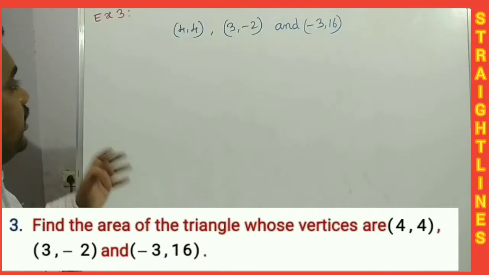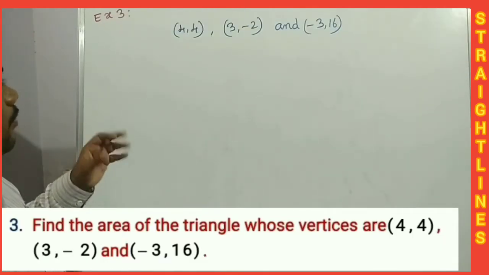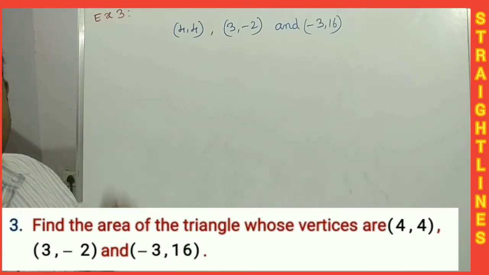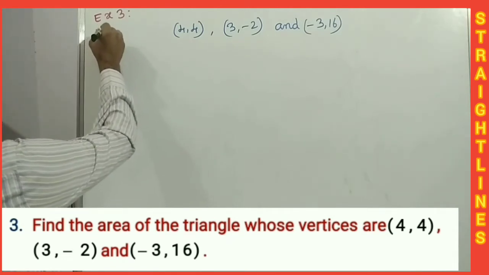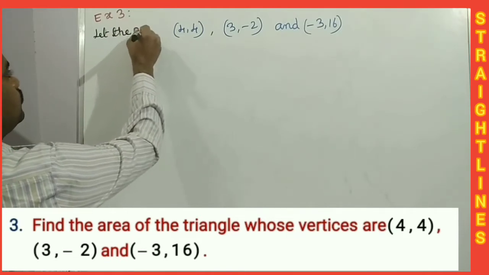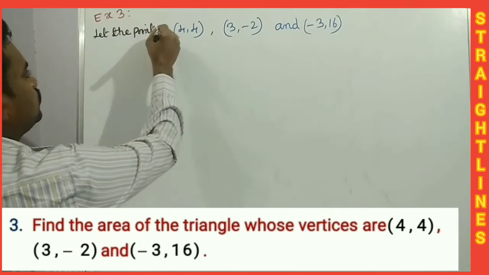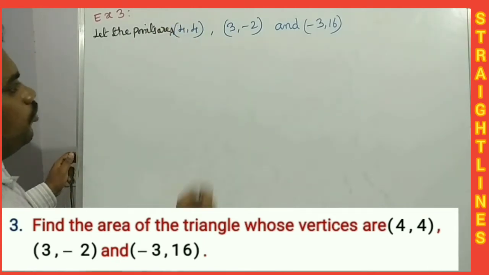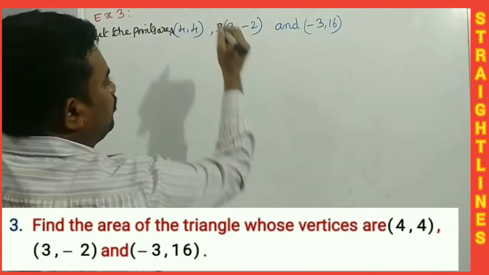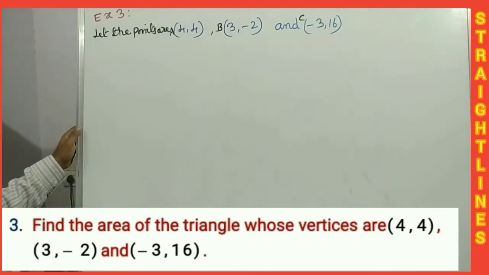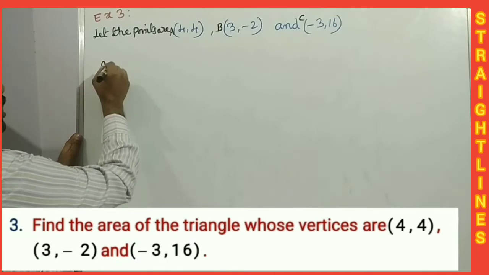Example 3. Find the area of the triangle formed by the points (4, 4), (3, minus 2) and (minus 3, 16). Now let the points be A(4, 4), B(3, minus 2) and C(minus 3, 16).